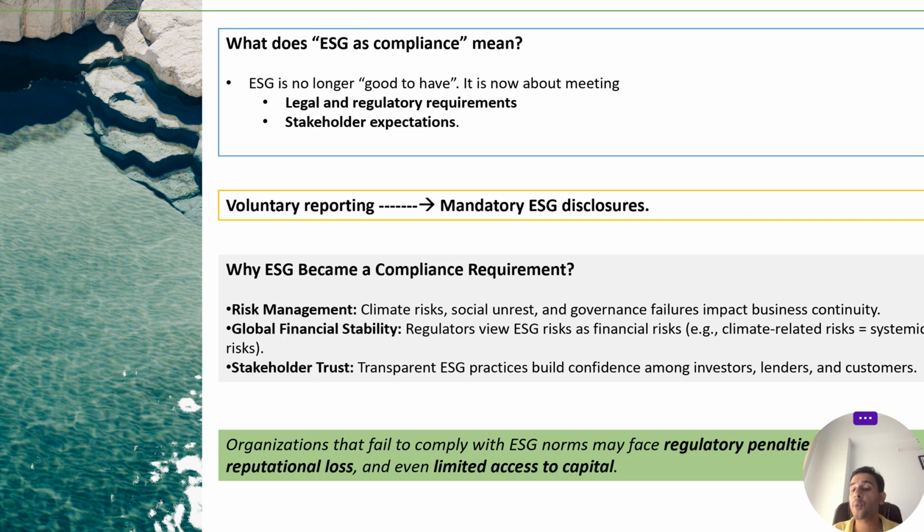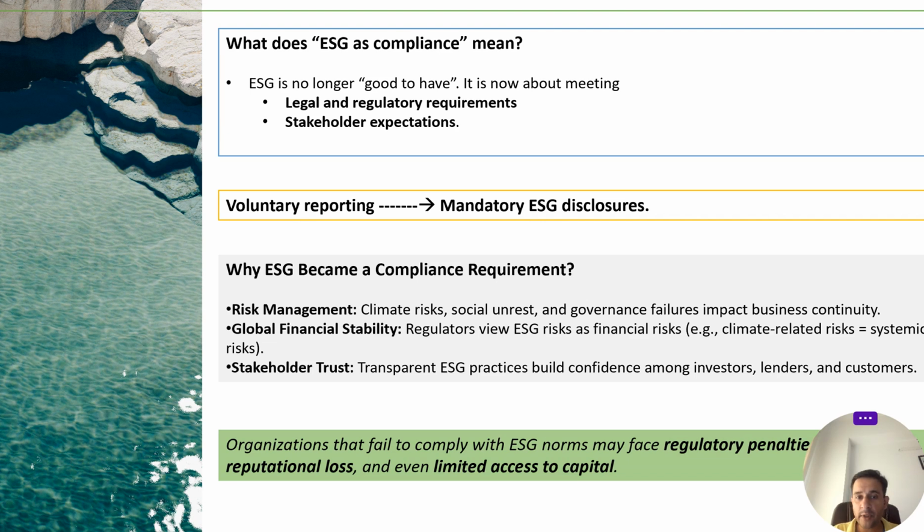There may be corruption in procurement of raw materials, selling, right? Sometimes pharma companies are in the spotlight due to compliance-related issues, bribery and corruption-related issues. There are other industries also. So that's the risk management, why the regulators and the investors want more compliance.